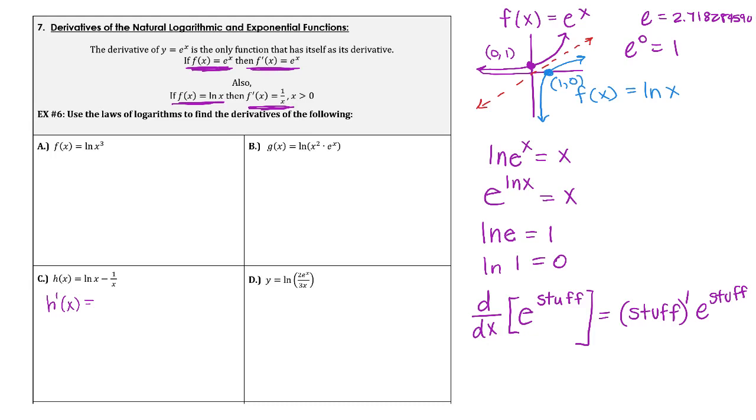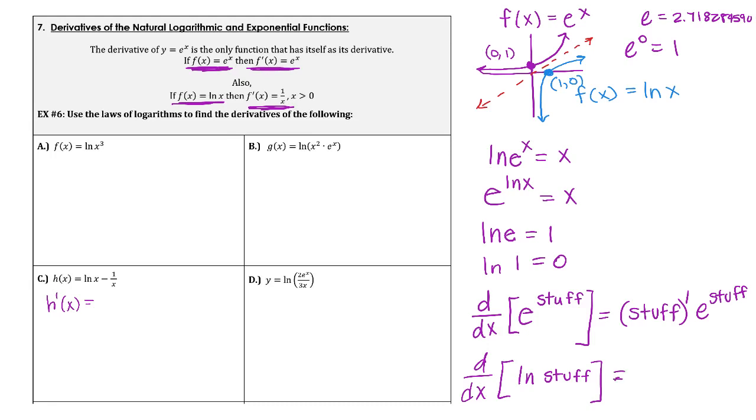Stuff prime times e to the stuff. We are also going to talk about the derivative of natural log, but instead of x, guess what I'm going to call it? Stuff. One year a kid yelled out the other S word. Like, no. All right, natural log of stuff.